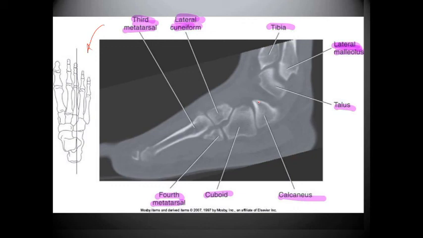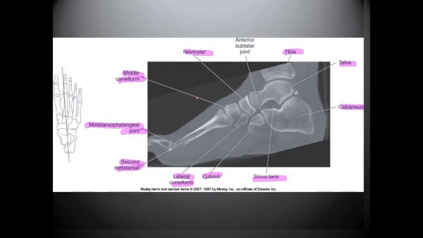And so, based on that, we can say that we are going through the cuboid, calcaneus, talus, tibia, fibula, lateral cuneiform, and then we have the third metatarsal. Then we have the proximal phalanx of the third metatarsal with the metatarsophalangeal joint and a tarsometatarsal joint here.